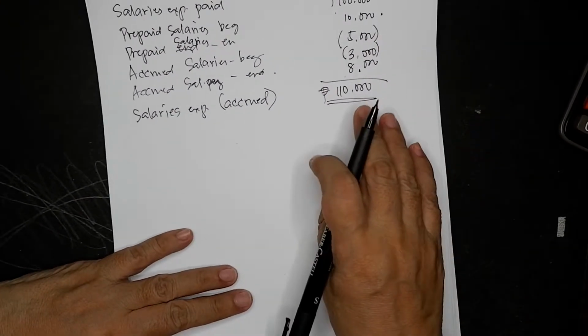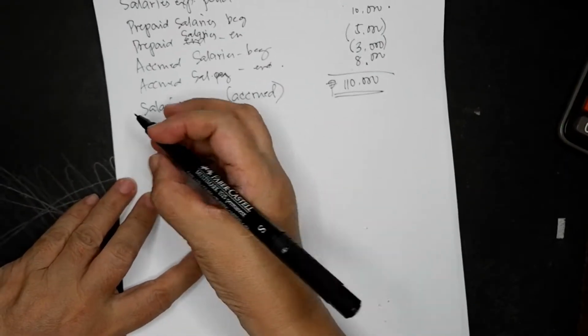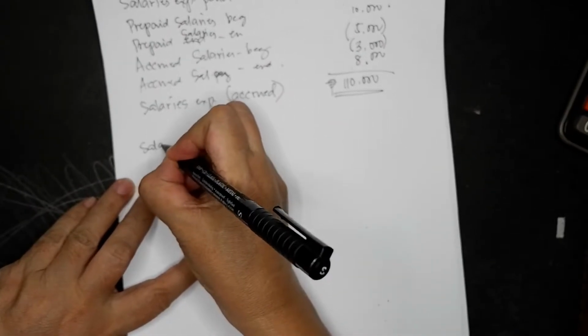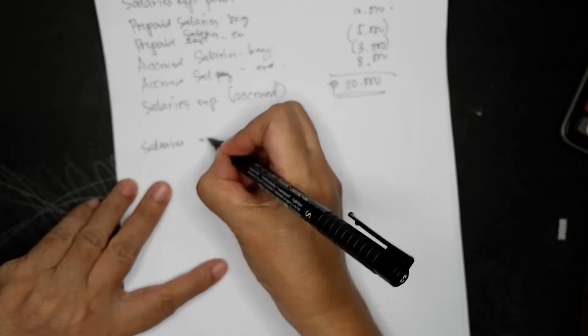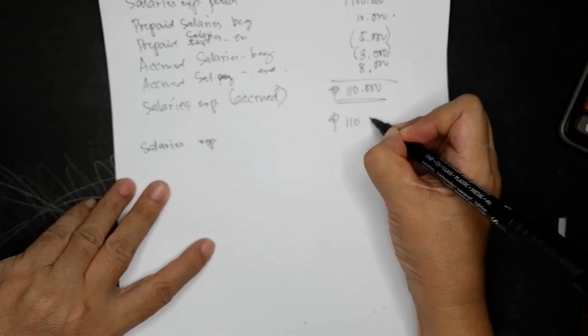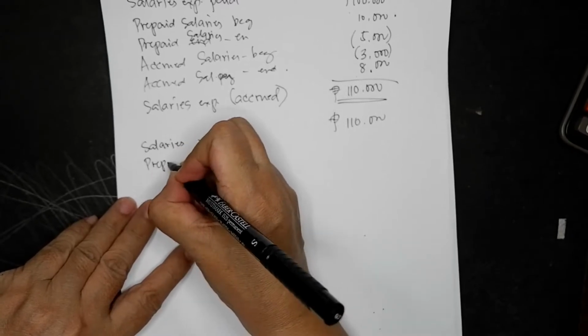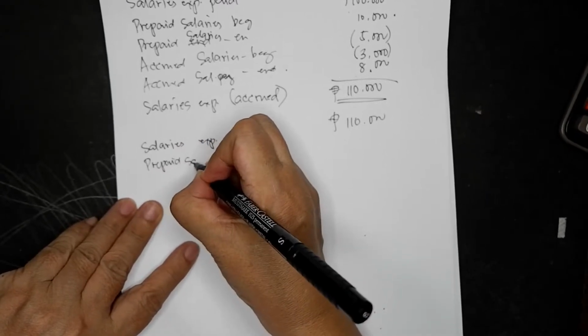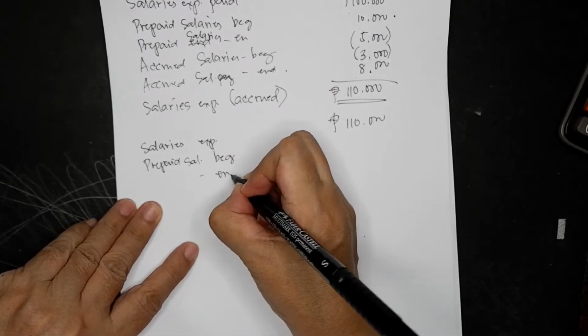Okay, baliktarin natin. What if ang kailangan ay salaries paid? So, ang nakareport, kapag ang data ay galing sa financial statement, it means that is accrual. So, 110,000. So, we have prepaid salaries beginning. We have end.